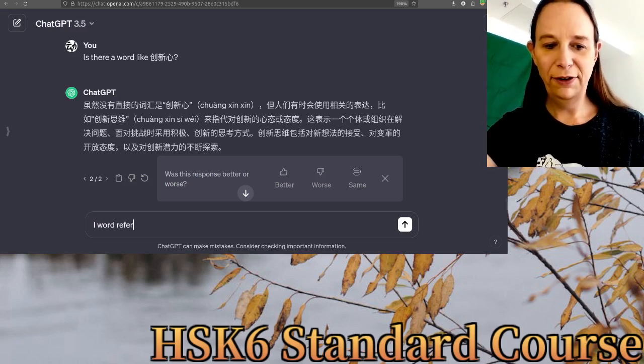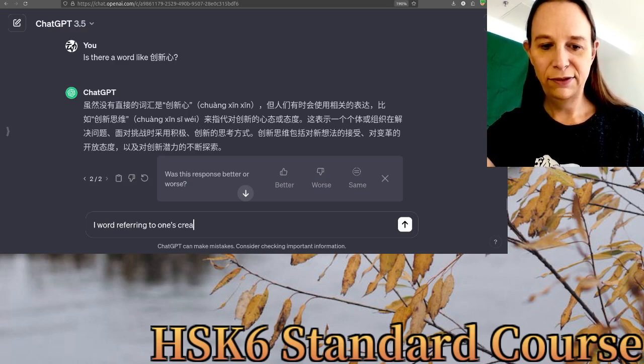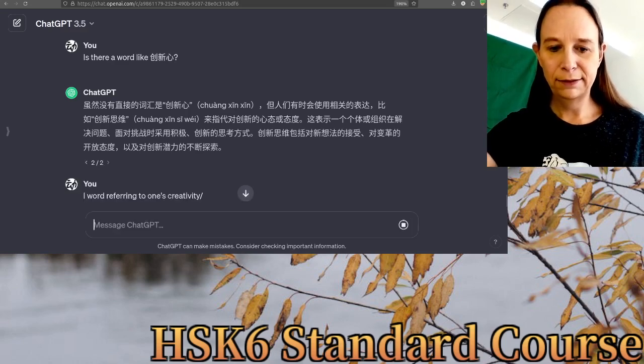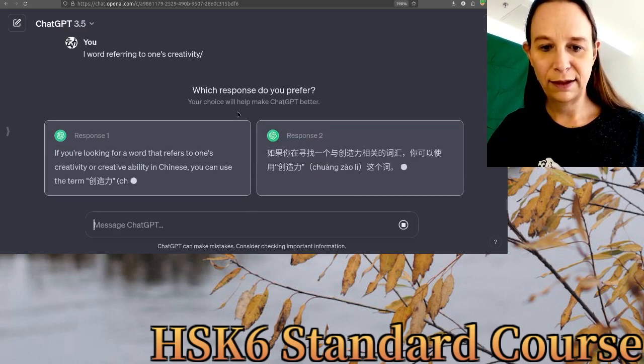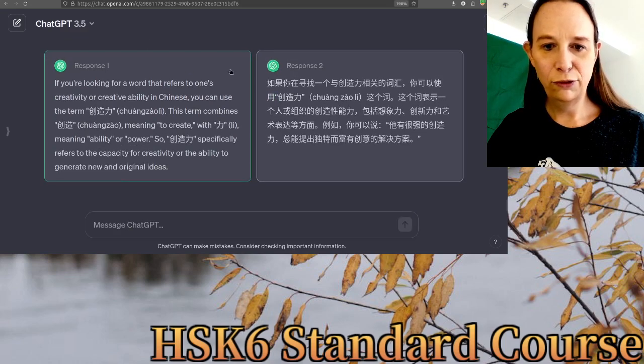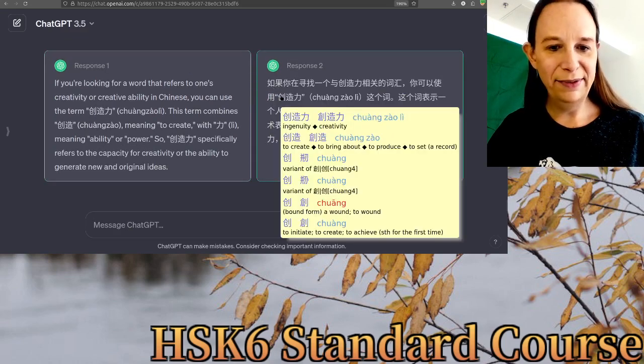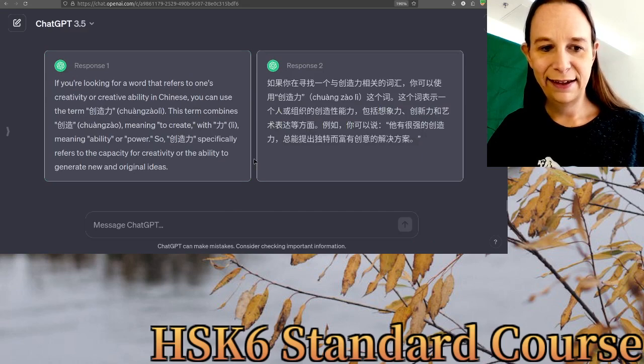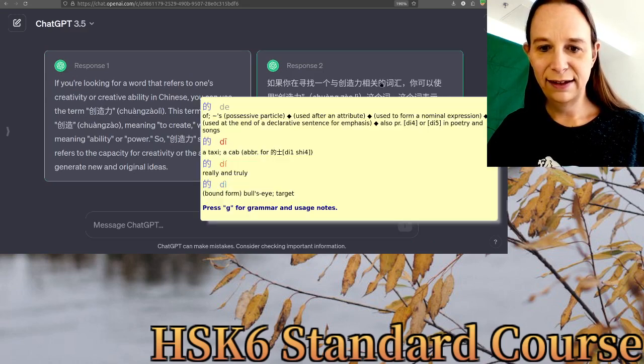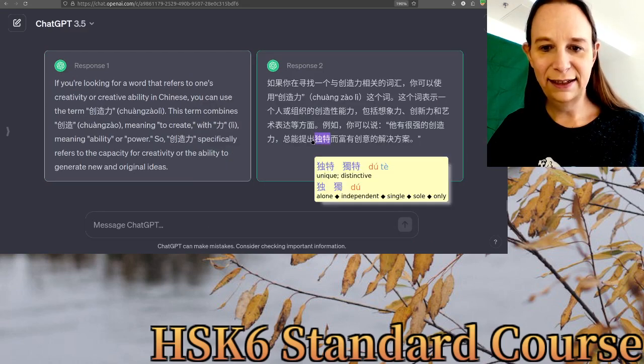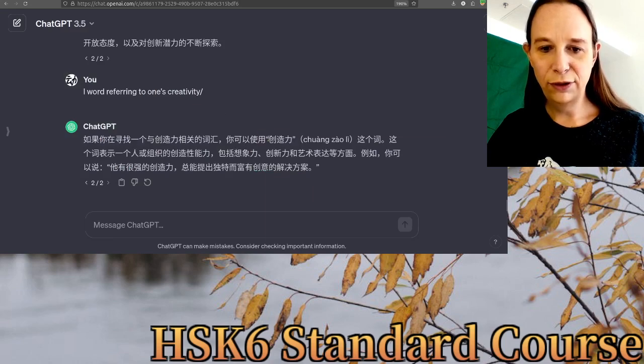A word referring to one's creativity. I made a typo. 创造力. This one. That's what I'm thinking. 创造力. I don't know that one. 创造力.